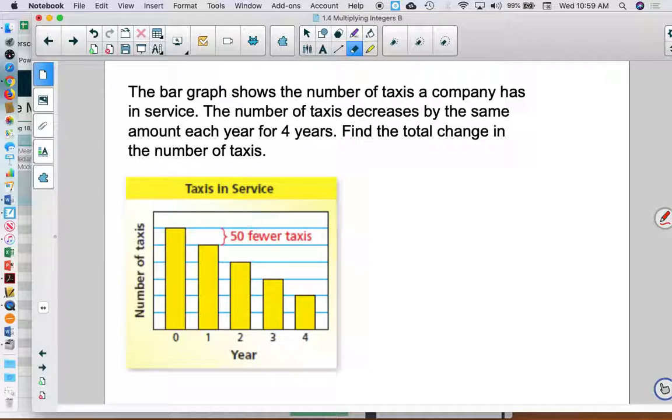So we know it's changing by a negative 50 every year. Do you agree? Because I'm losing it, that's a bad thing for my business. And how many years am I dealing with? 4 of them. So is this negative 50 times 4? Would be my guess.